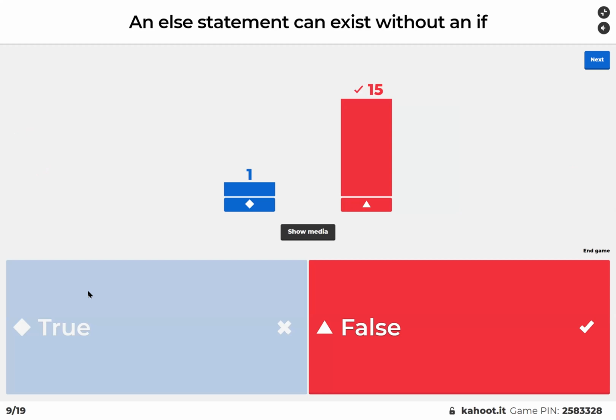It doesn't make sense for me to say, or else I will send you to the principal's office, because I haven't told you what you're not supposed to do. So you have to know some condition before you can break that condition. So an if can exist without an else, but an else cannot exist without an if.